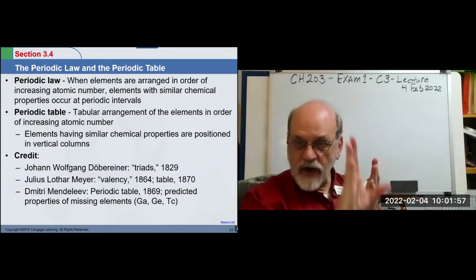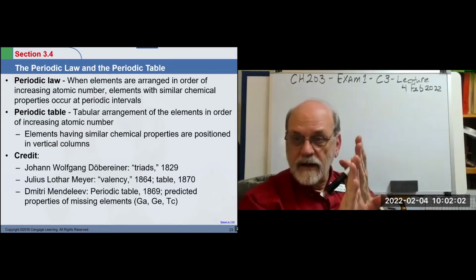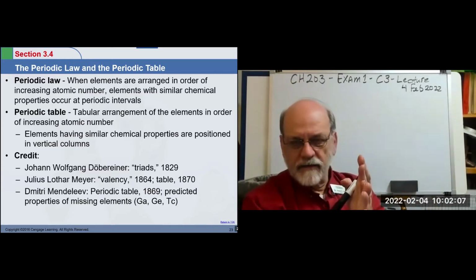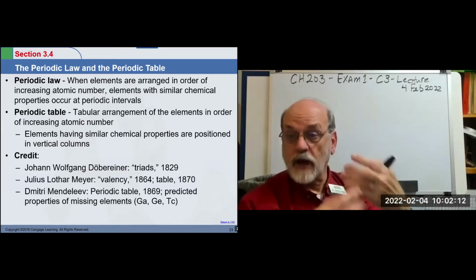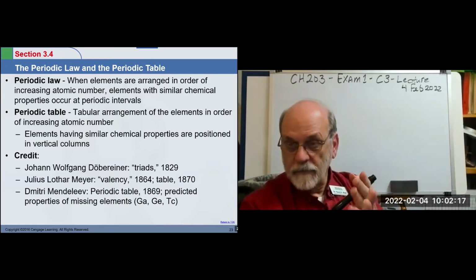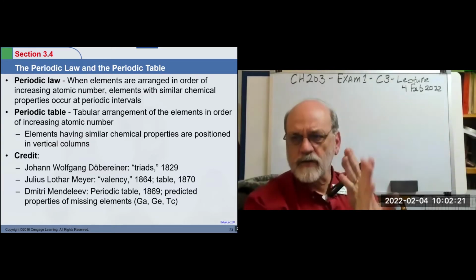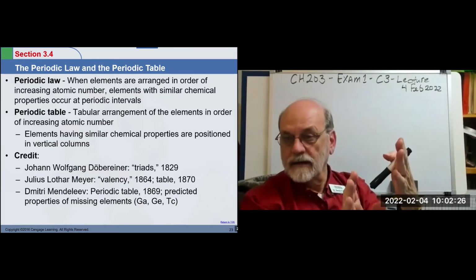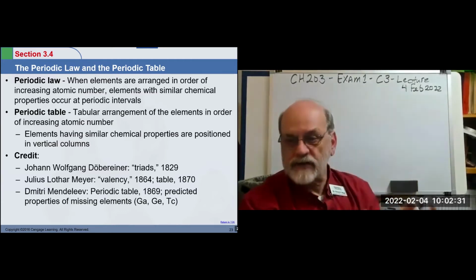And as he tried to position elements in groups with similar properties, as they increased in mass, he noticed that there were places where if he put the next known element, the next heaviest in order, it was in the wrong group. It didn't have the same chemical characteristics as the others in that group. So he said, well, look, the next group over from that is where it ought to be. And there's an empty spot right here. We haven't discovered that element yet.